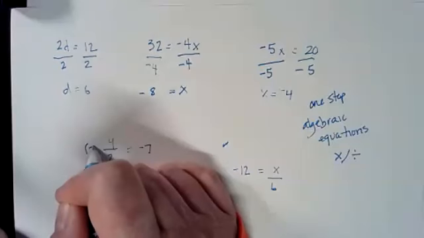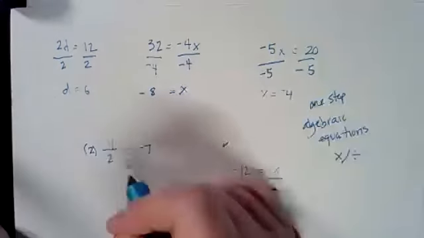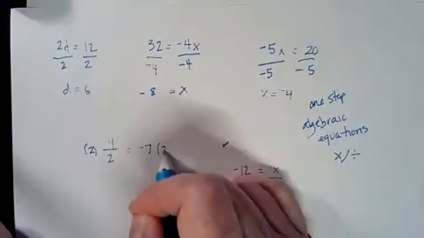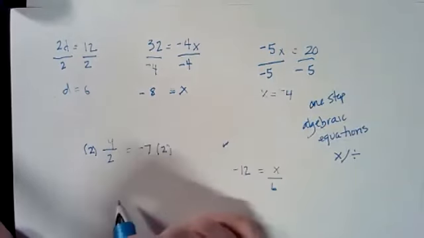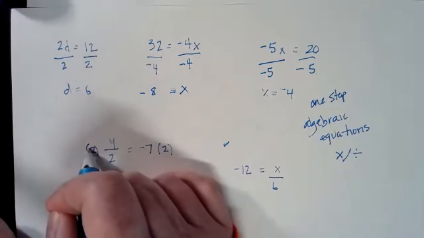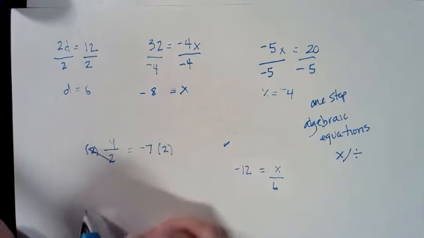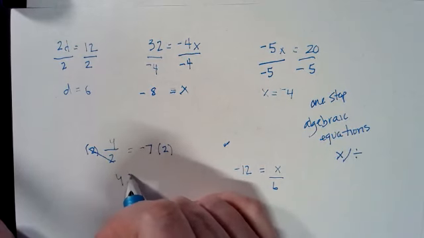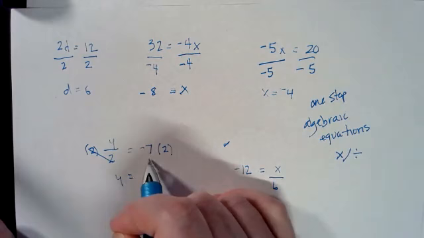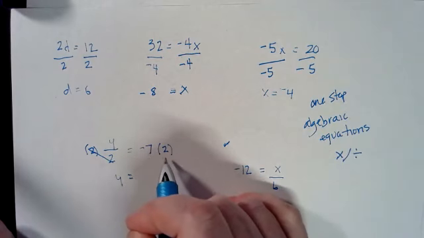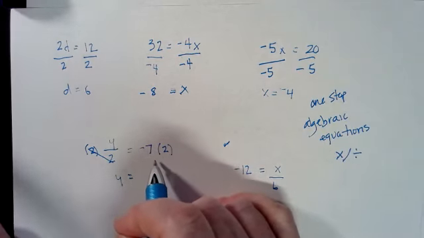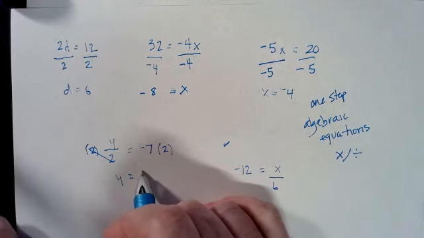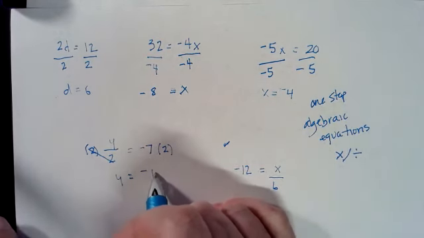Multiply by 2 on this side. Multiply by 2 on this side. These cancel. Those 2's are gone. That leaves you y equals -7 times 2, bad guy leaves town or goes into town, bad for town. It's going to be -14.